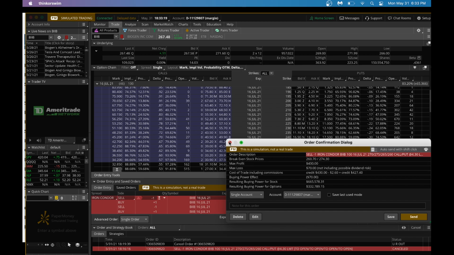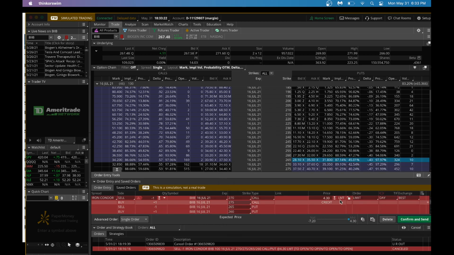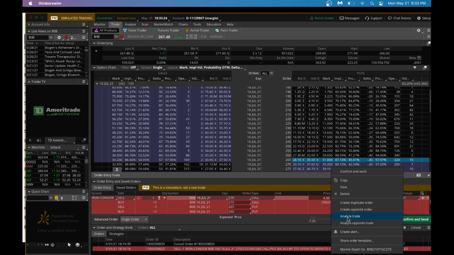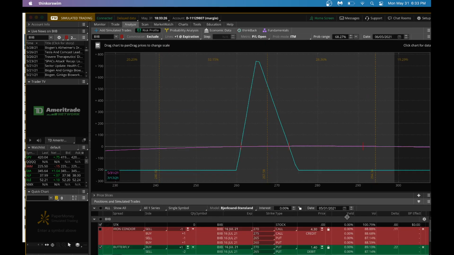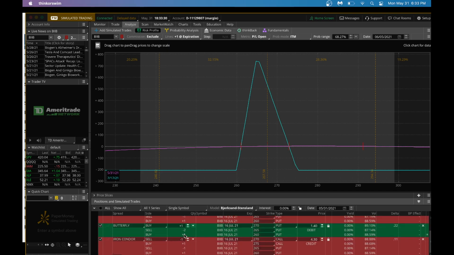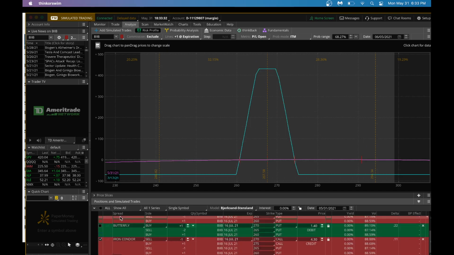And if I also look at the analyze tab here, let's do analyze. So if you look at the analyze here, I have the iron condor. Let me remove this iron condor. As you can see here, if the stock stays between 260 and 274, this is when I make money.